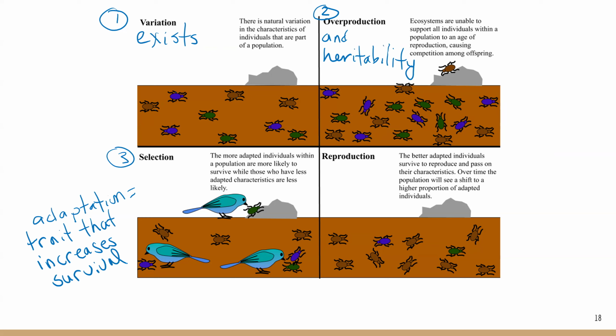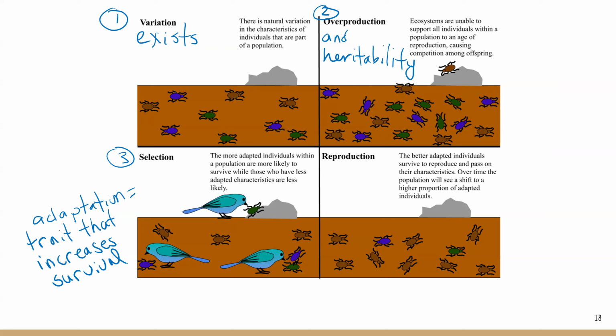Sometimes this occurs because there's a change, like maybe an environment changes, or something in terms of the predation, or what affects the lifespan of organisms can change.